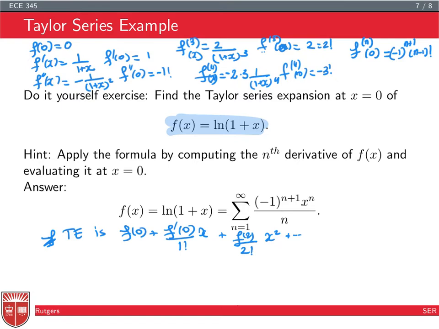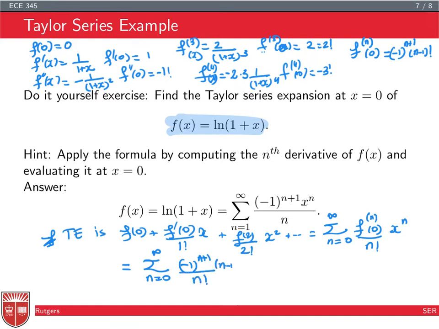Or maybe it's easier to write it using the summation. So this is the sum from n equal to 0 to infinity of f^(n)(0) divided by n factorial, x to the power n. And now if I plug in the nth order derivative at 0, this will give me the sum from n equal to 0 to infinity of (-1)^(n+1) divided by n factorial, and then (n-1) factorial, x^n.